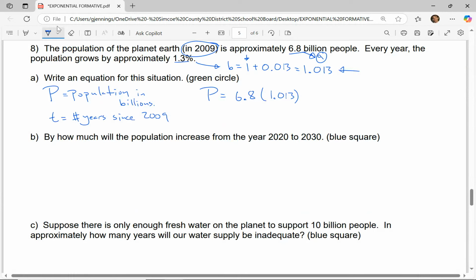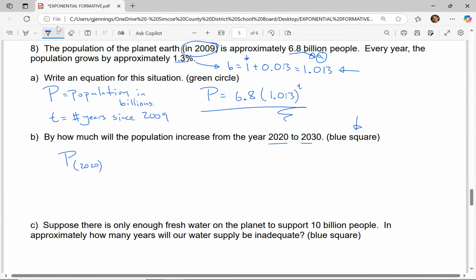How much will the population increase from there to there? Ooh, fancy blue square question, Mr. J. So here, population in the year 2020, well, that's t equals 11. This one is t equals 21. So P of 11 is equal to 6.8 times 1.013 to the 11.